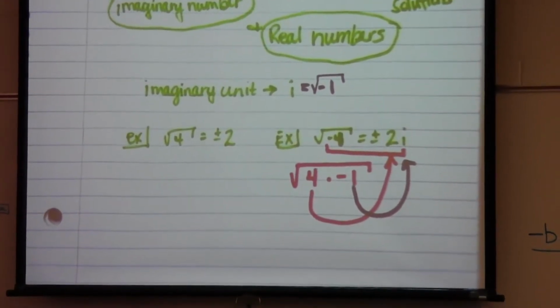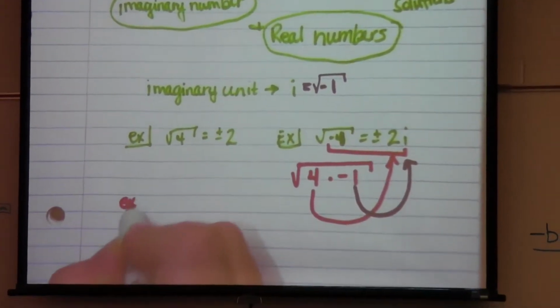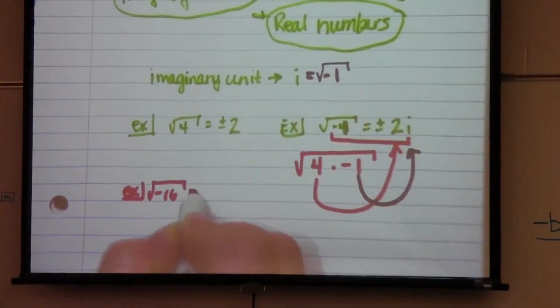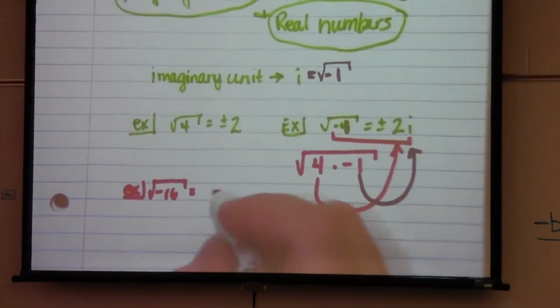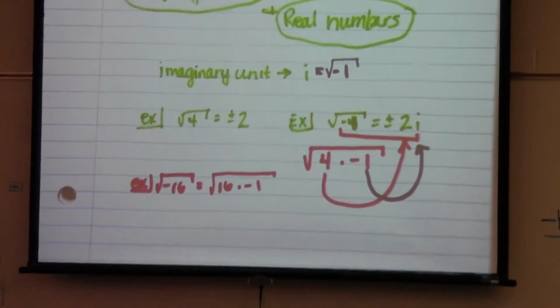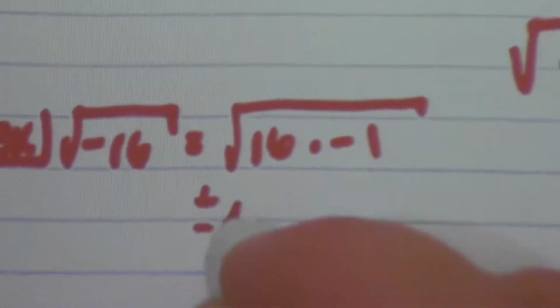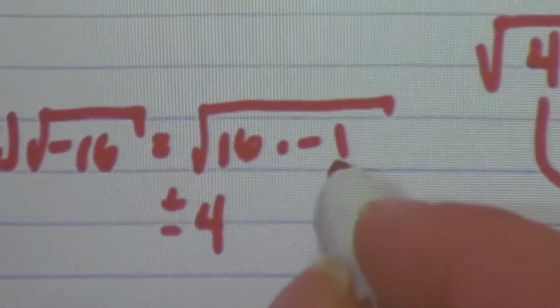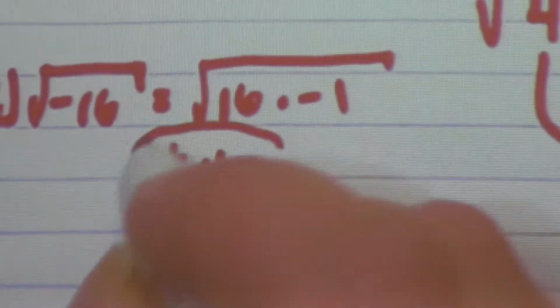We could say, if we wanted to, the square root of negative 16. And if we wanted to, we could say, oh, well, I am smart and I know that's 16 times negative 1. So the square root of 16 is plus and minus 4. And the square root of negative 1 is always going to be i.